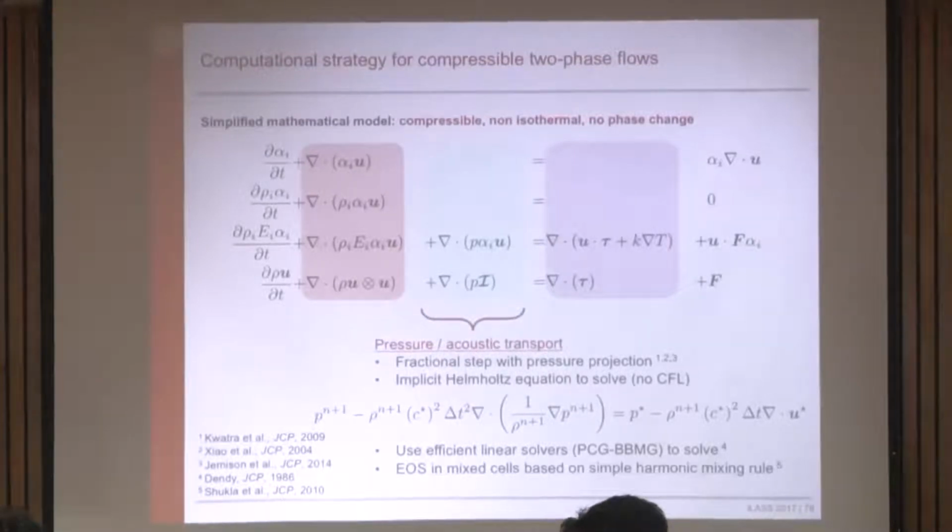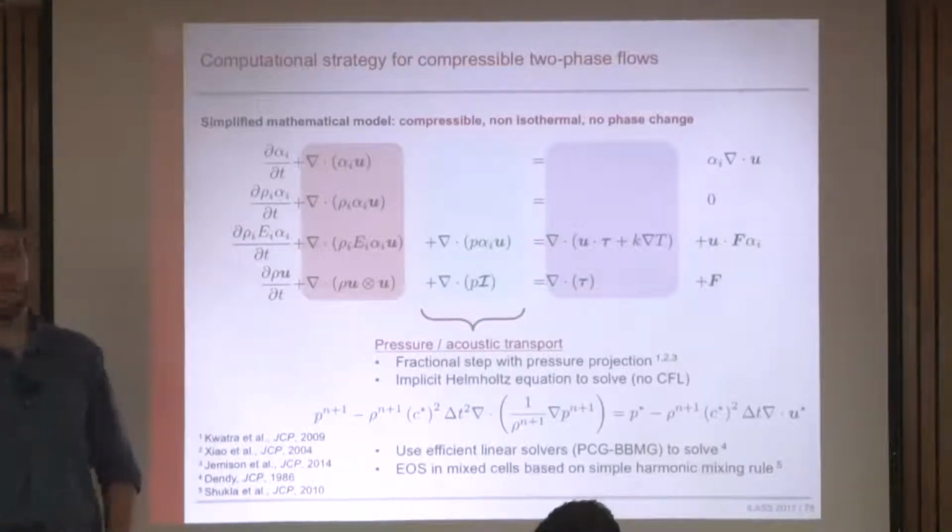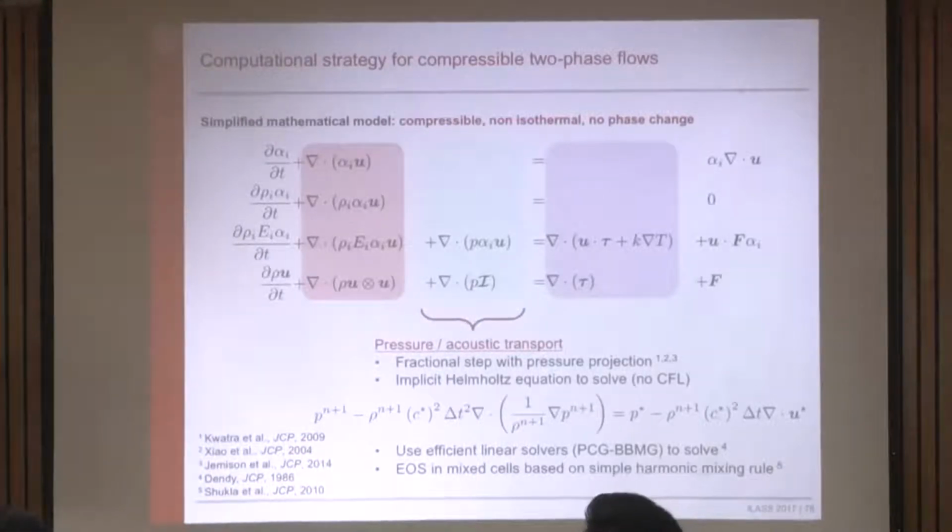This is the acoustic part of the problem. We're going to recast that by formulating a pressure equation. And that pressure equation we'll solve implicitly in a projection step. So we'll do a velocity, energy, and density predictor, and then we'll do a pressure correction in the same way that we've done for our fractional step method.